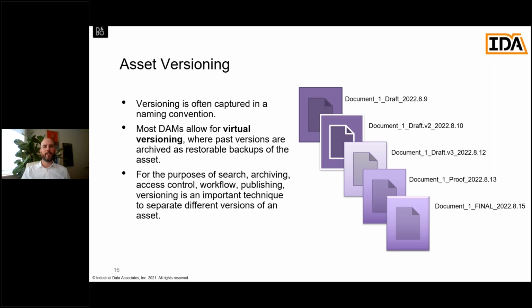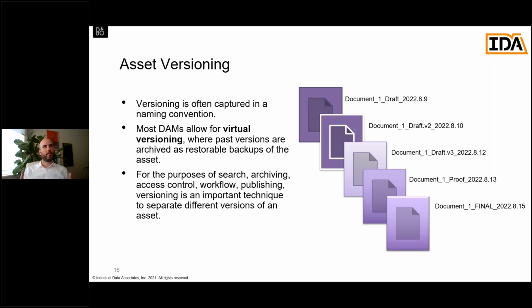So you can see here: draft 1, draft v2, draft v3, proof, final. But more sophisticated DAMs allow for what's called virtual versioning. Virtual versioning is where the image and the image name are stable, but the DAM actually stores digital backups which reflect the different changes that happen to the document, when the different versions are created.